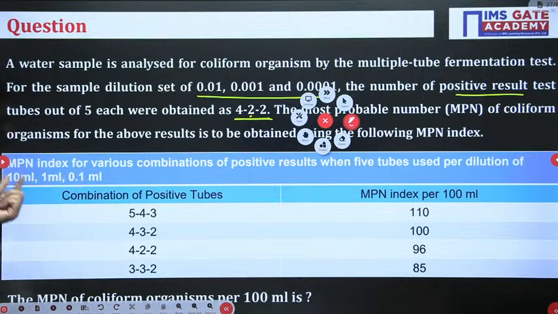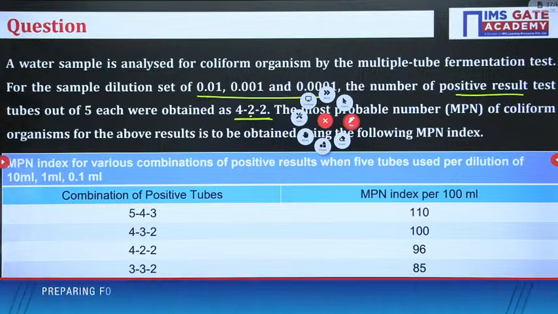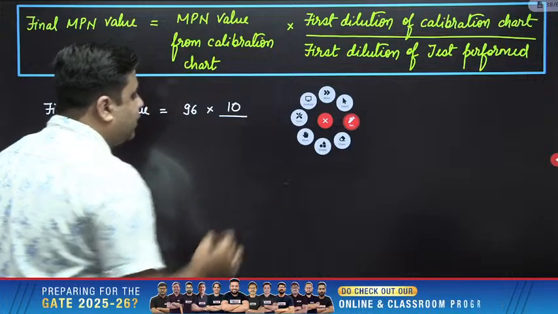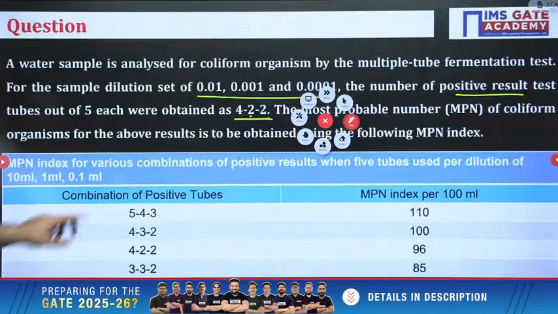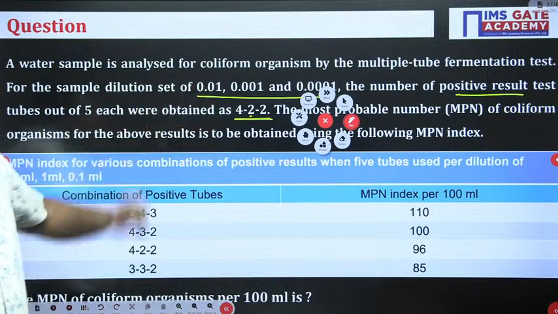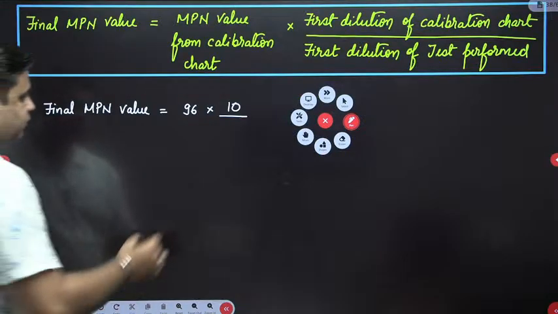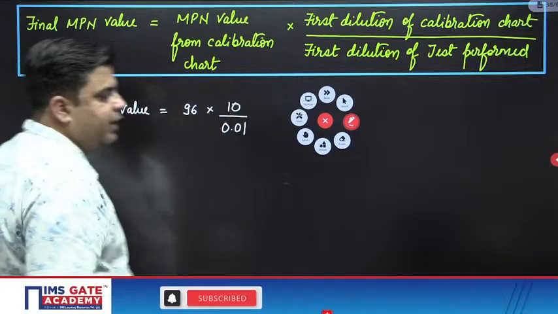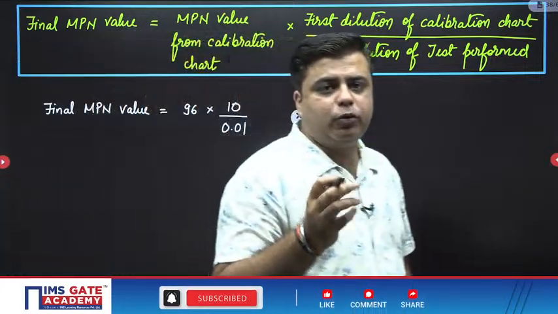So the first dilution of the calibration chart is 10 ml. So I will multiply it with 10 and I will divide it with the first dilution of the test performed, which is 0.01. And now this will be my final MPN value that I have to report in the examination.